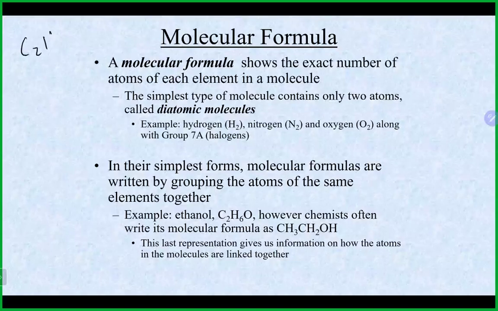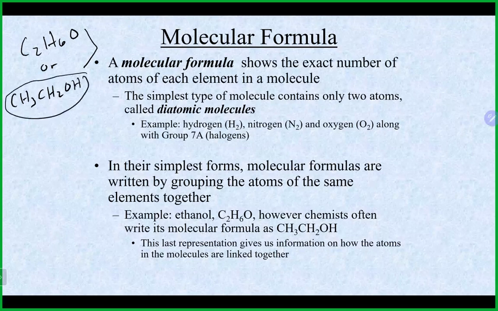It's the C2H6O or the CH3CH2OH formula. They both represent a molecular formula for ethanol. The only real difference between these two is the second one gives you a lot more information about how the thing's connected. If you were to draw ethanol, it would look something like this.